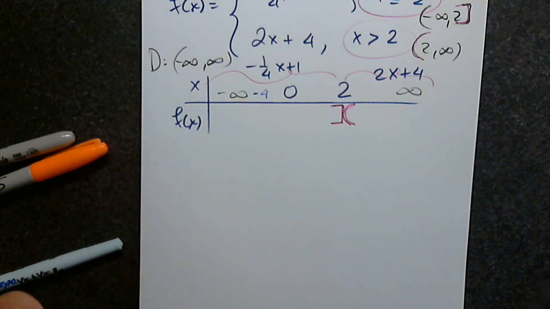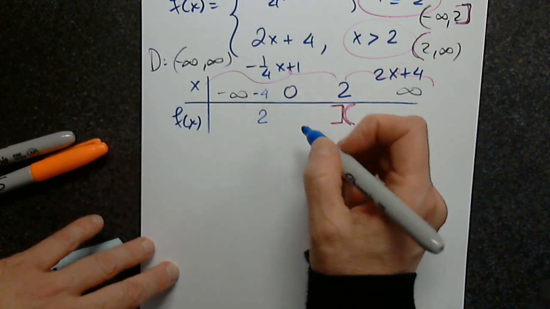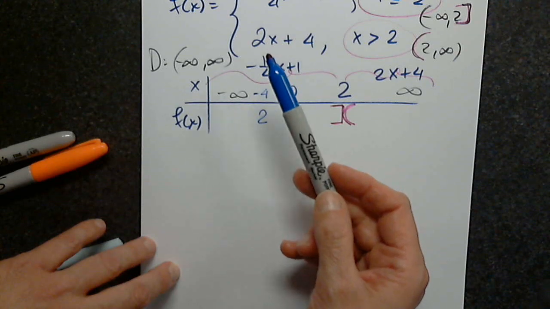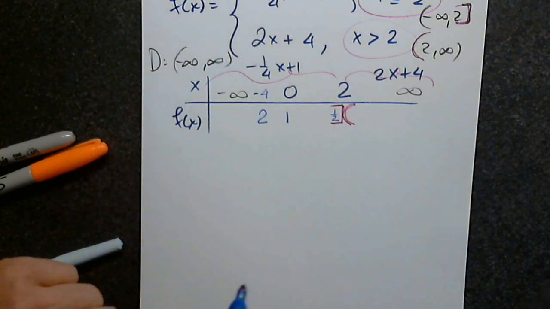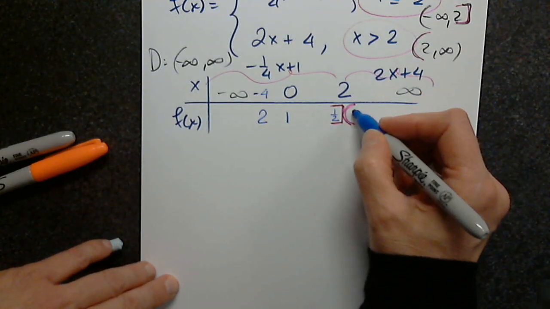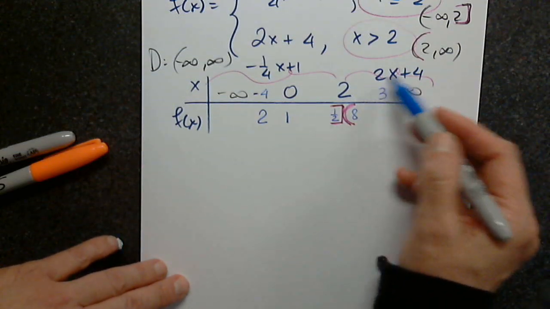Actually, it is 2, you're right. It's just a nice number. Okay, so when I plug in 0, I get 1. And now when I plug in 2, I get negative 1/2 plus 1, which is 1/2. We plug in 2 on the other side, and we get 8. And we plug in 3, and we get 10.